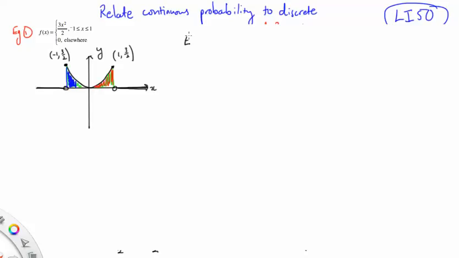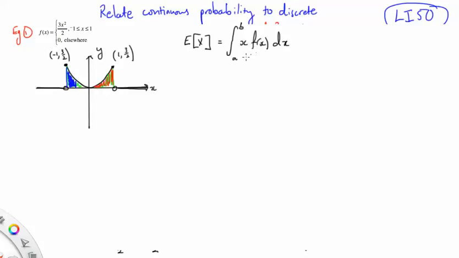The expectation of our continuous random variable is the integral, and I'm going to put some limits on this integral. You just have to integrate all the way across the curve, all the area. So don't worry too much about those. X times f of x dx.